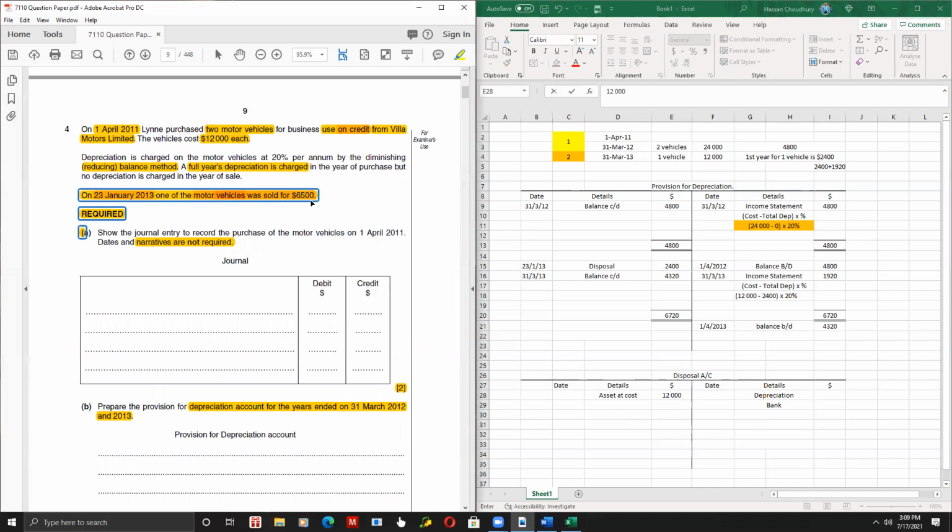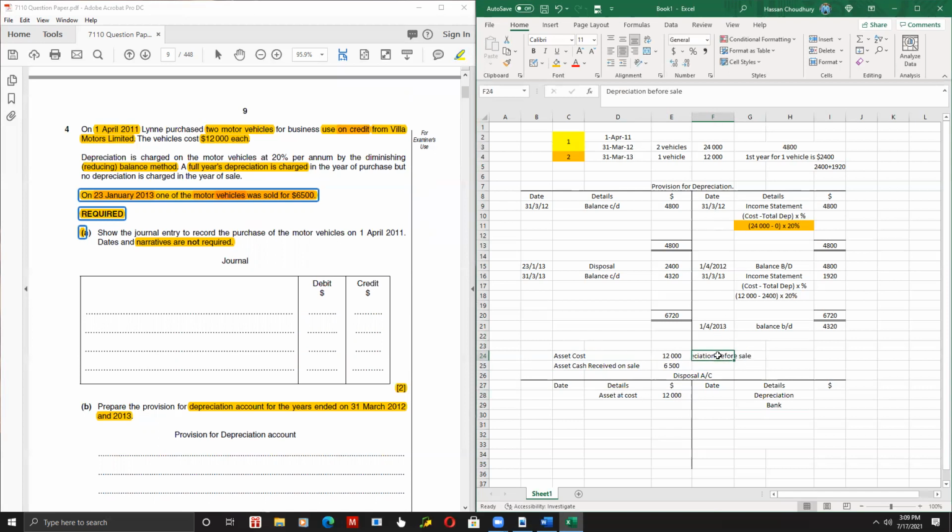Now remember, this 6,500 is the bank amount. So if you want, you can write asset cost, asset cash received on sale. Asset cost was 12,000. Cash received when you sold it was 6,500, and the depreciation before sale, this is from year one.